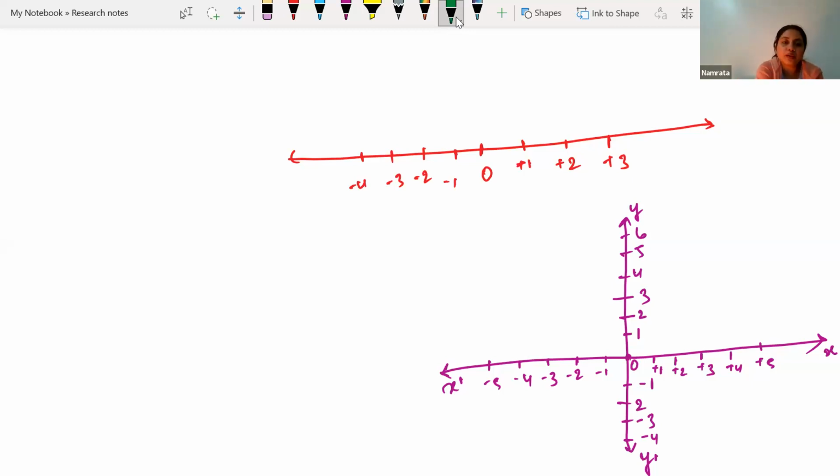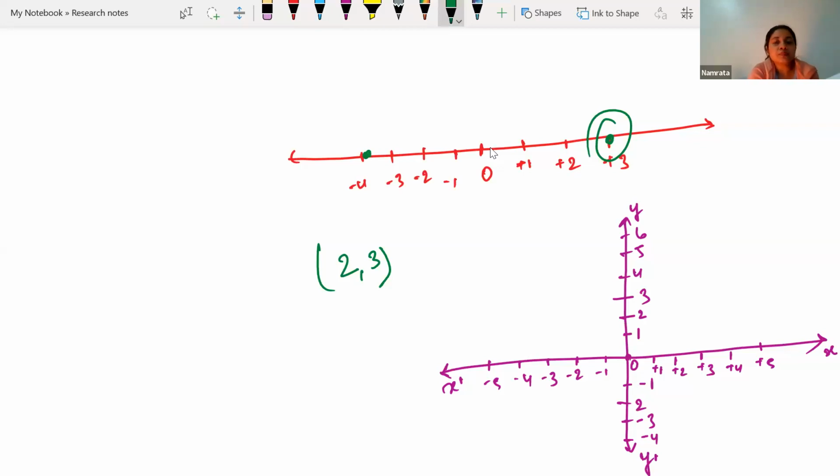Suppose we have a point, let's say the point 2, 3. So we will be locating this point. Previously when we were talking about the horizontal number line, the red one, at that time we used to represent, like, where is +3, you can say here is +3. Where is -4, you can say here is -4.